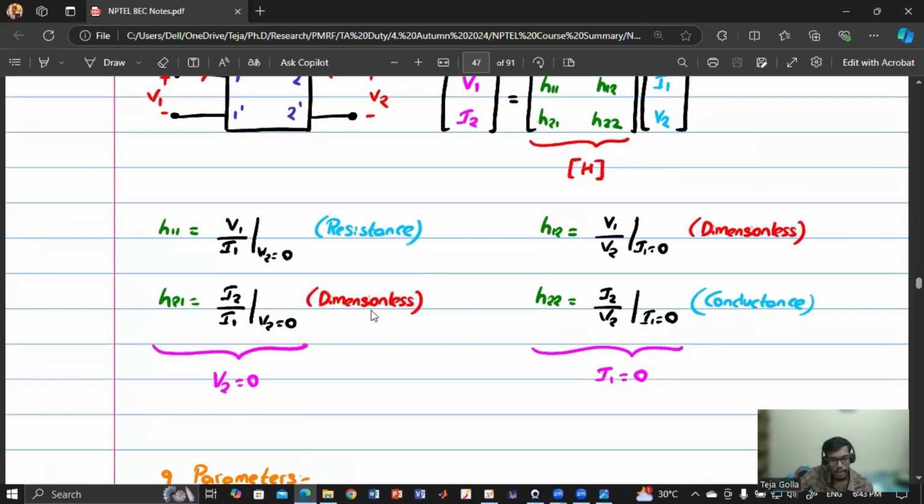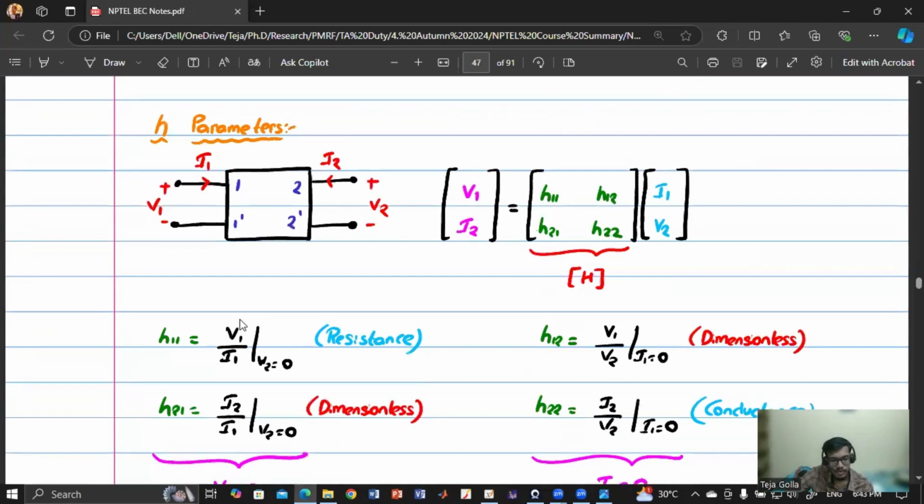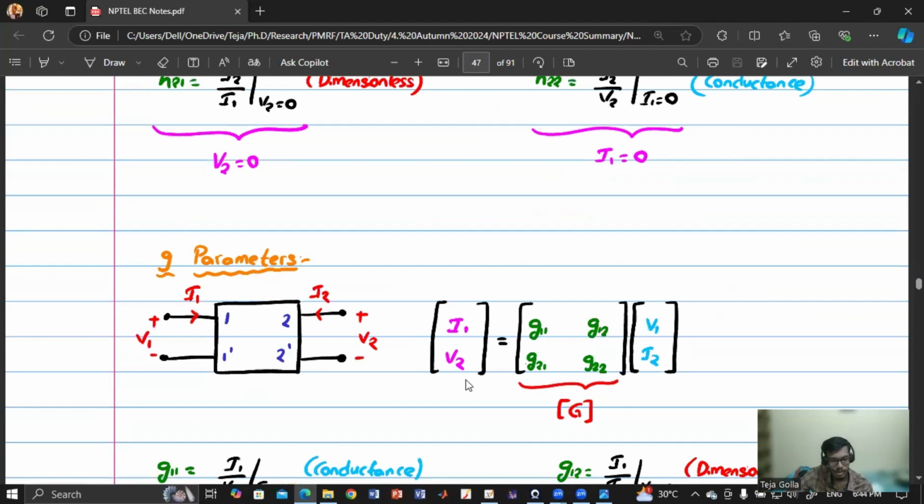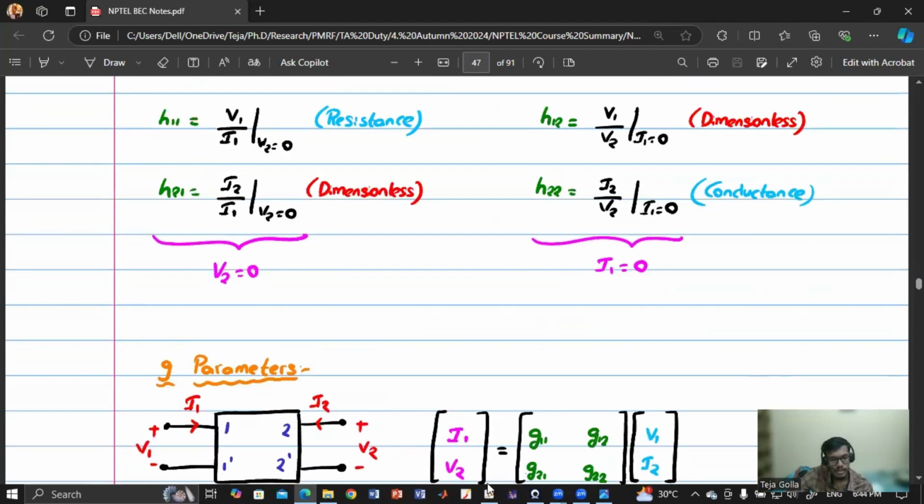Here they are saying for calculating H11 and H21, you have to make V2 be 0, and you have to calculate V1, I1 and I2. So V1 by I1 and I2 by I1 will give H11 and H21. So how do I make V2 0?